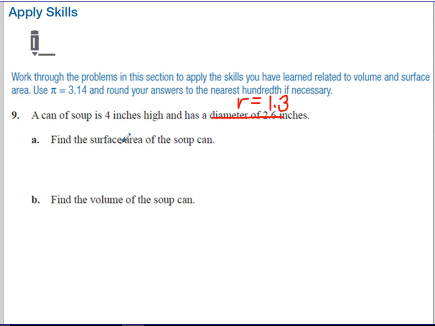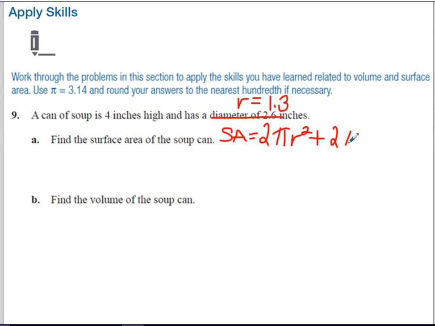First thing is to find the surface area of the soup can. So that's a matter of pulling out our formula. So again, our surface area is 2 pi r squared, and that gives us the top and the bottom, plus now we need the area of the wraparound, so the label, so to speak, and that, remember, is your circumference times your height.